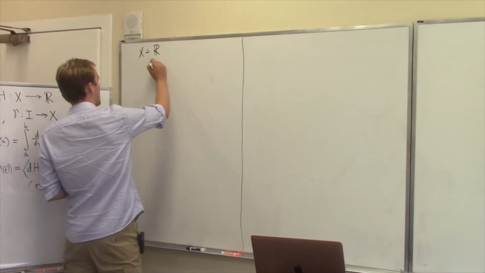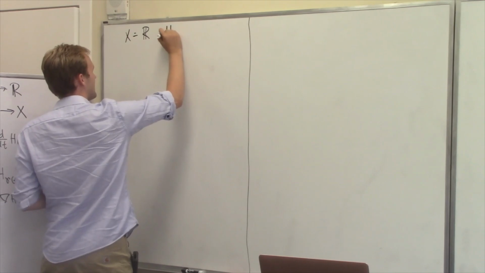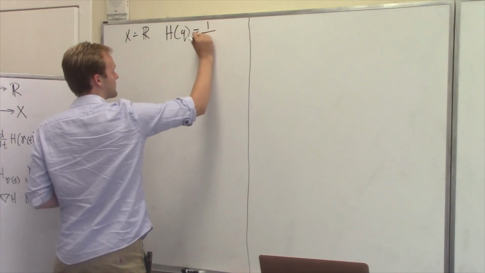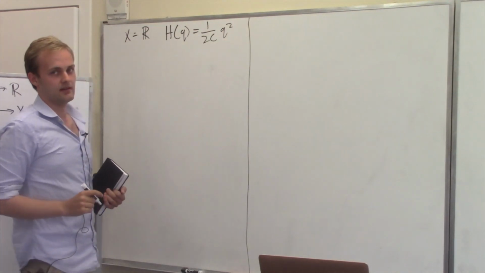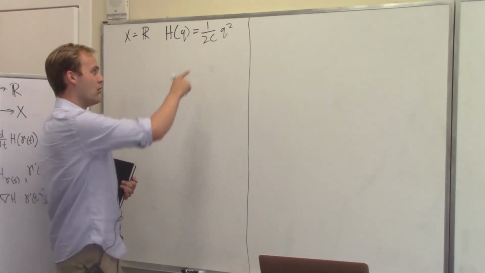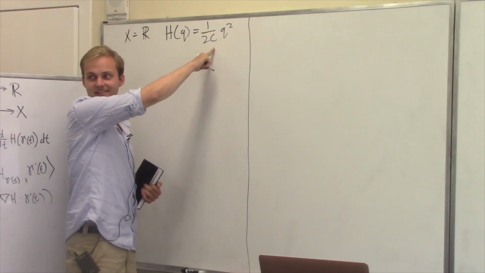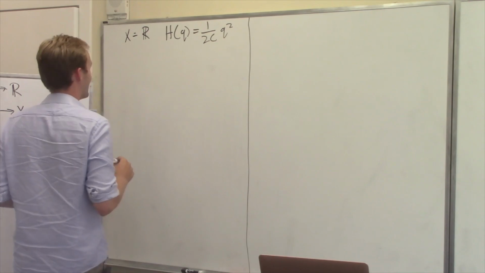And then the Hamiltonian of the capacitor is just H of q equals 1 over 2C q squared. I've made this mistake before. I hope that the C is in the denominator. Yes? Any electrical engineers who are going to call me out? Okay, good. No.